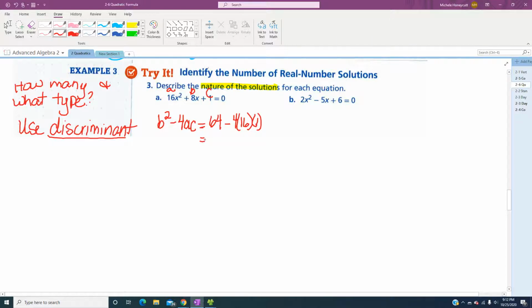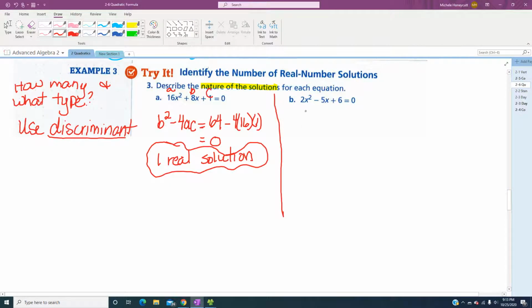So what is 64 minus 4 times 16 times 1? I'm getting 0. Since my discriminant is equal to 0, that means I will have one real solution. I haven't figured out what the solution is, I just know that there's going to be one solution.